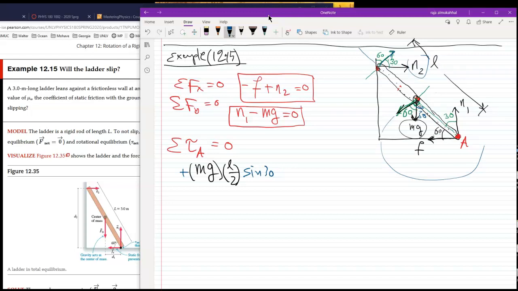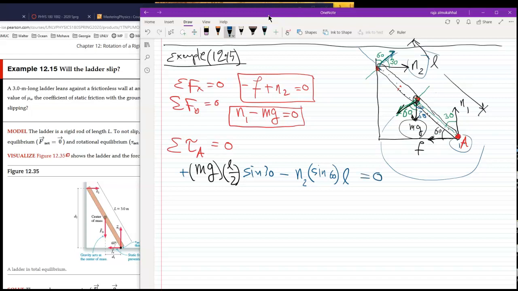If I'm going to take it this way, that's going to be clockwise, so that's going to be minus N2 sine 60 times L. It's L away from A, and that's equal to 0.